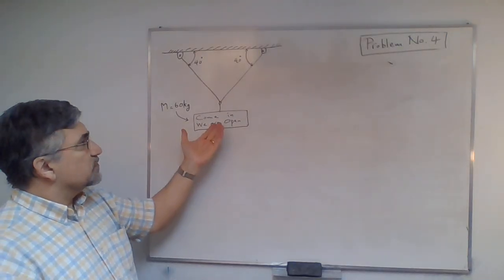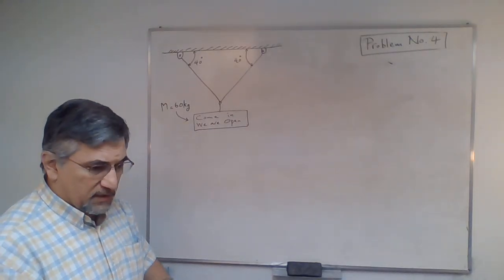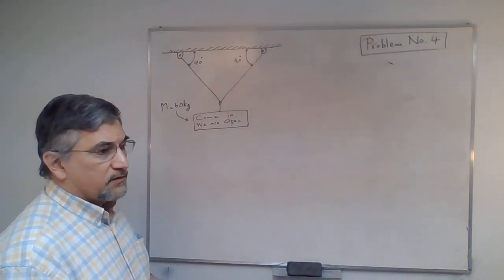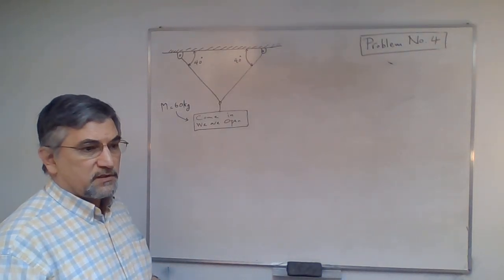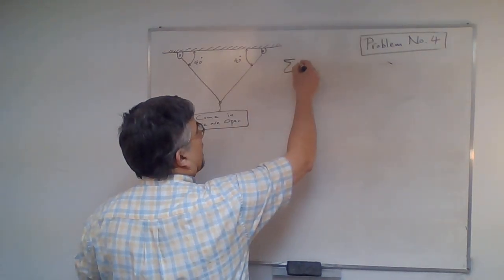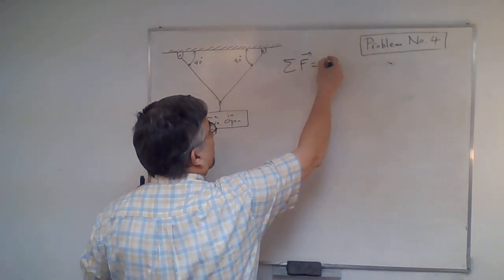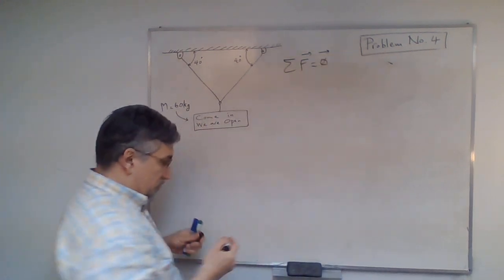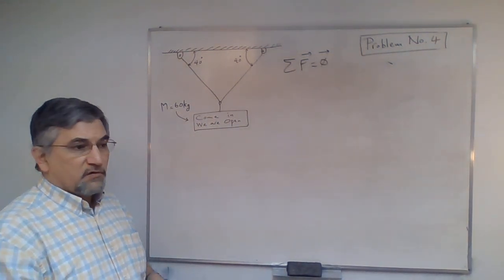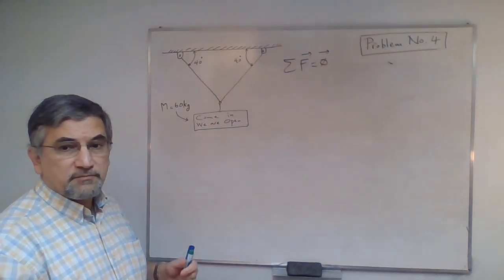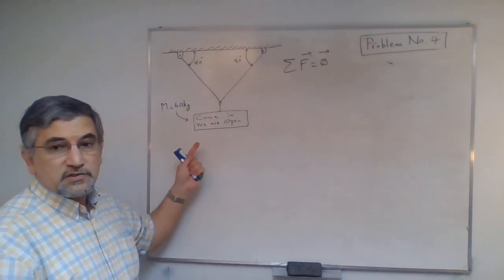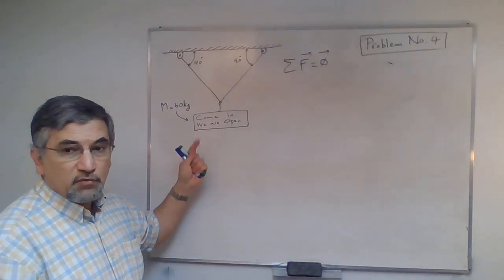So first of all, we see that there's no motion happening. So we are using a very famous formula in statics, which states sigma F equals 0, which means that the sum or the resultant of all forces acting on an object is equal to 0 if the object is stationary, not moving.